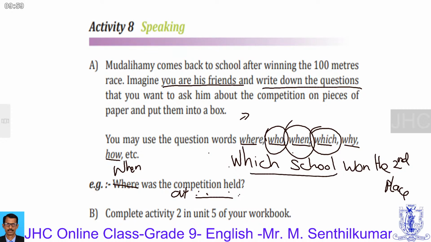The answer is the name of a person. Here, an inanimate thing. Which school won the second place? Have you got the idea? Who, name of a person, subject. Here also, which also gives the answer as subject, but which gives inanimate things. What is that? Inanimate things.